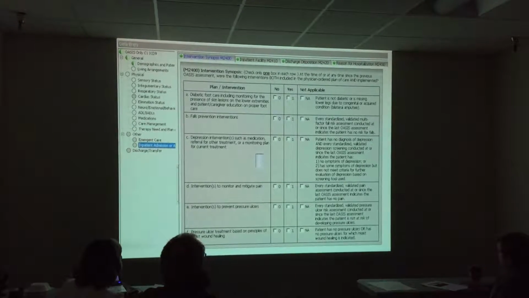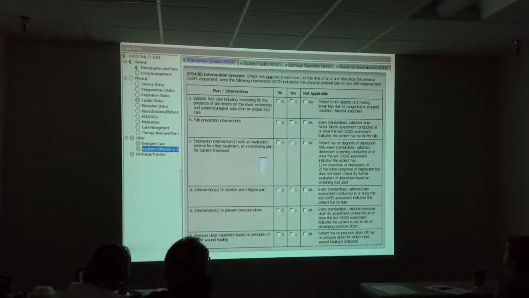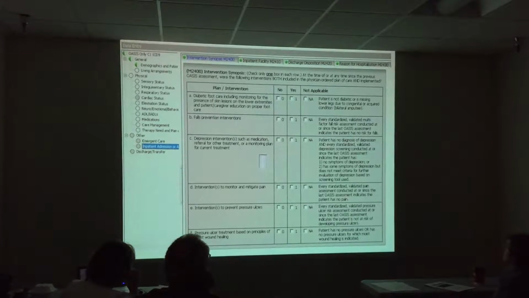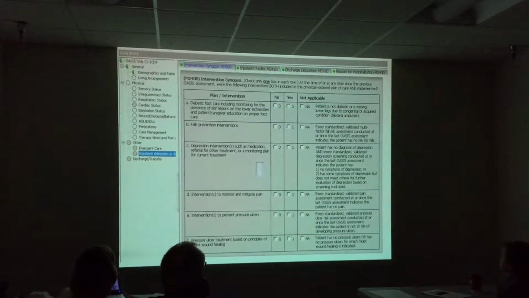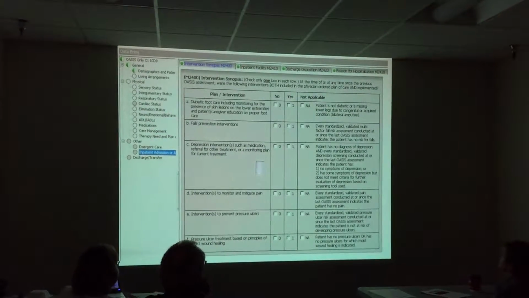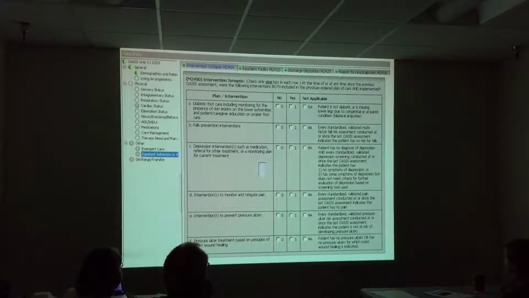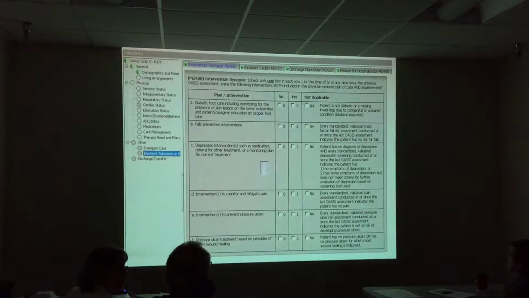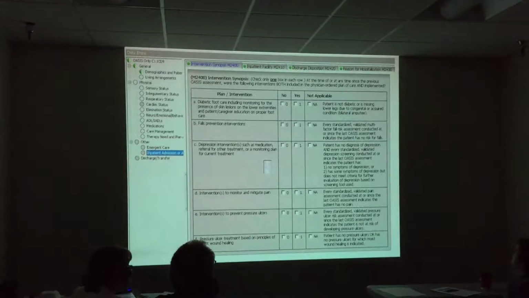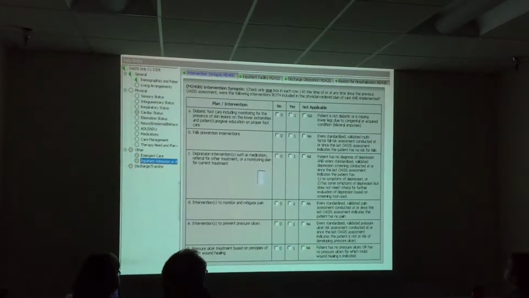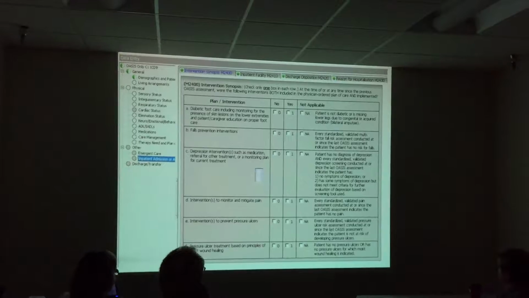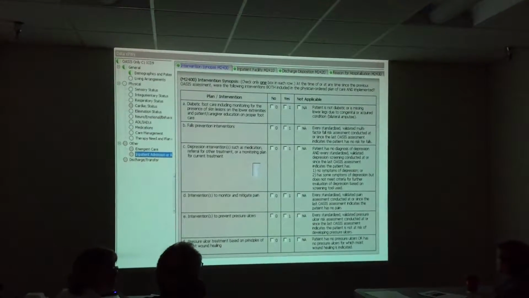The other piece with the 2400 and the discharge is that if you did not identify any of these items at the start of care because the patient wasn't exhibiting them, or they didn't seem to be at risk for any of them, so that you checked NA, but during the course of care it came up, you would want to put that in here.